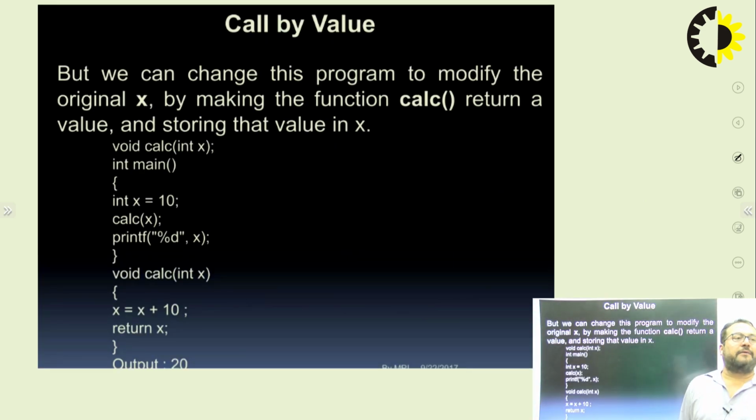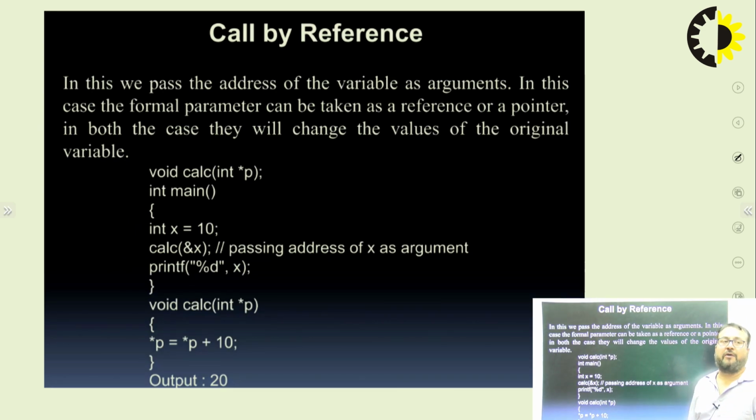And in call by reference, what are we going to pass? We are going to pass the address. For example, if we have X equal to 10, and we are going to pass the address of X, we could think like we have a variable X which has the value 10. Let's suppose the address of X becomes 1000. So what is the function taking? 1000.